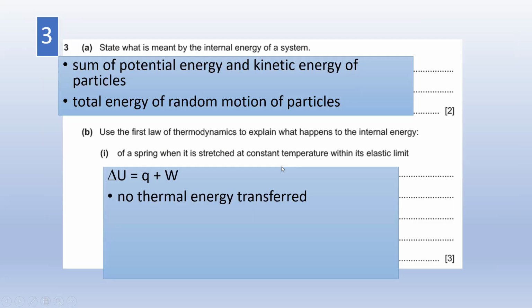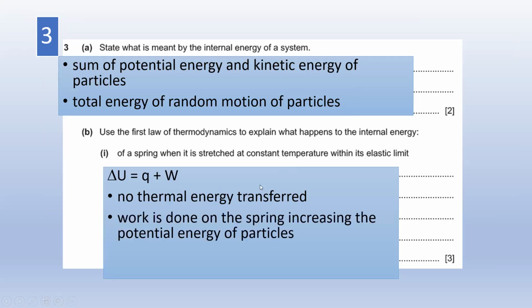There is no thermal energy transfer. You are just stretching it at constant temperature. Work done on the spring increases the potential energy of the molecules. You just separate the molecules, so work done increases the potential energy. So internal energy increases.